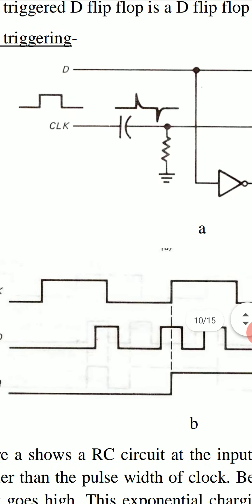And now this clock signal, which was a square wave signal, is converted into this type of signal having positive and negative narrow spikes at the two edges of the clock.